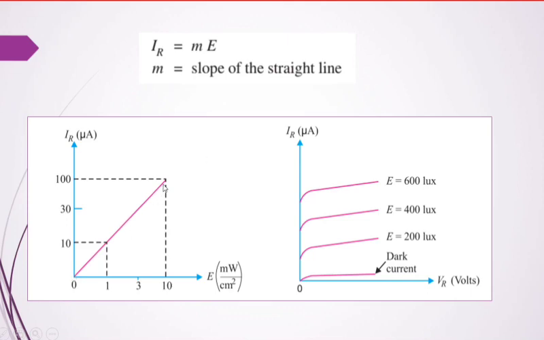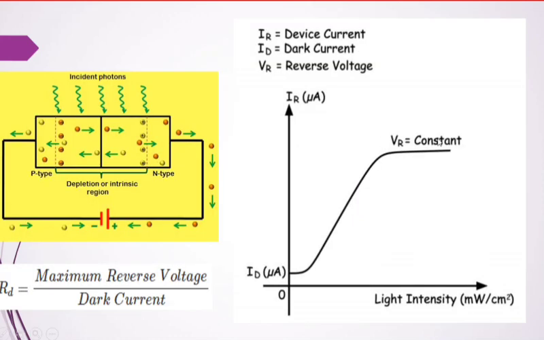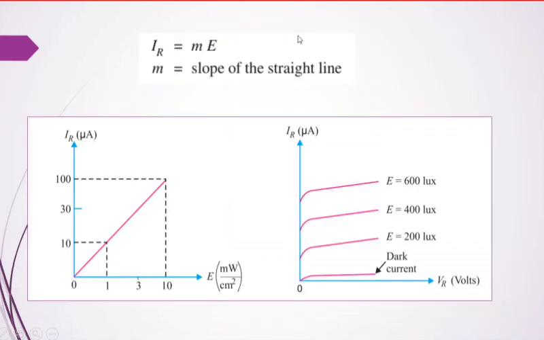After some point, the current will saturate as in this diagram. From this graph we can calculate the reverse current equation, the relation between intensity of light and reverse current: IR is equal to M into E.